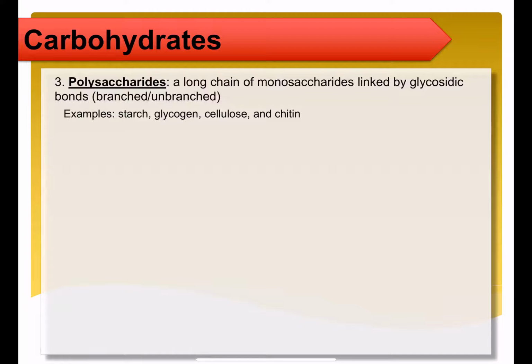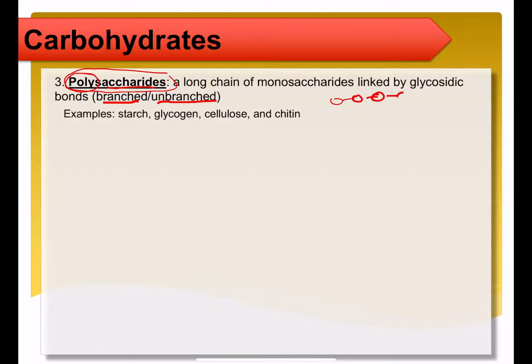When more than two monosaccharides come together in covalent bonds, forming a long chain of carbohydrate, we call it a polysaccharide. Remember I said poly for many, saccharide for sugar. So many sugars coming together. Some can be one straight long chain in the unbranched conformation. Some can be branched like a tree, because how chemicals come together doesn't always have to be the same.